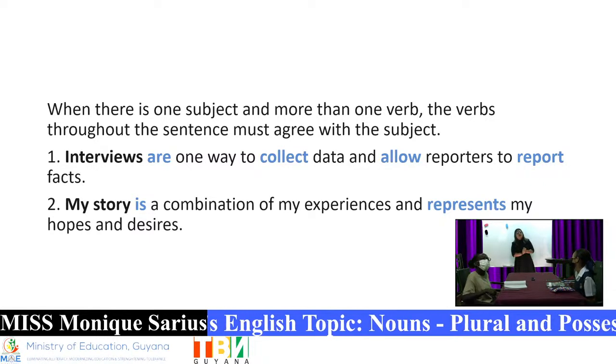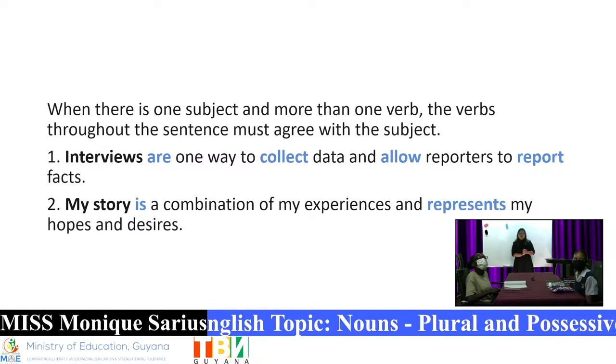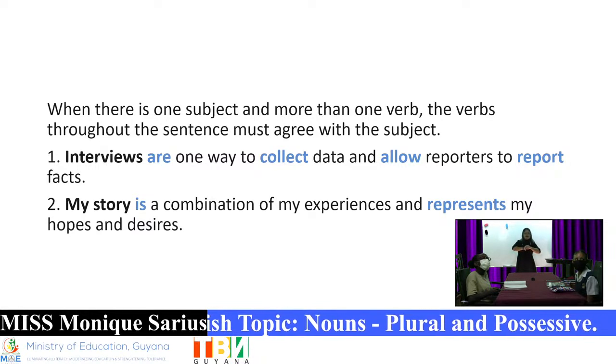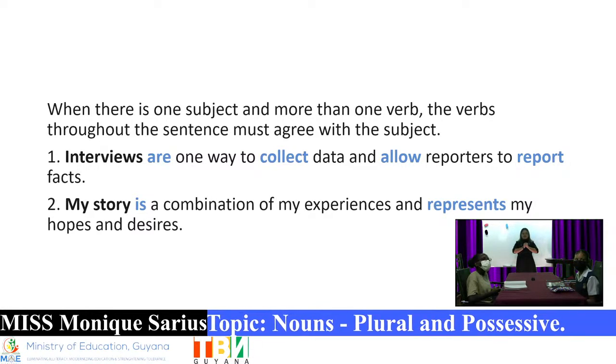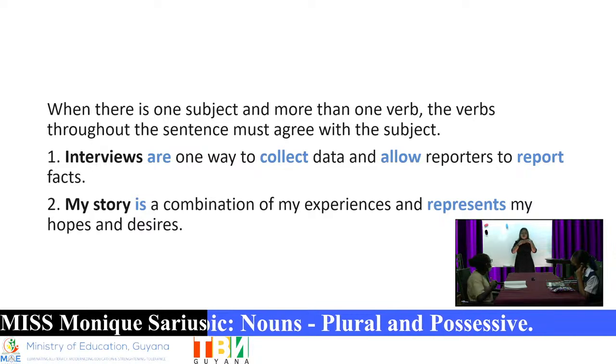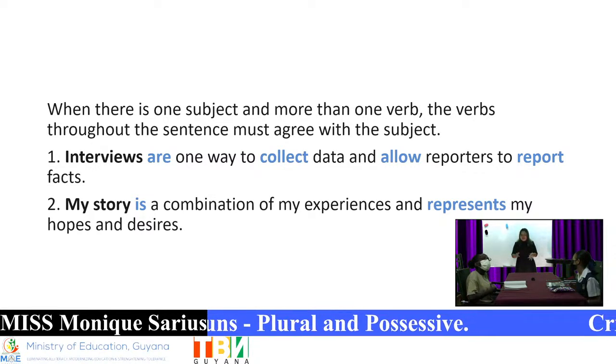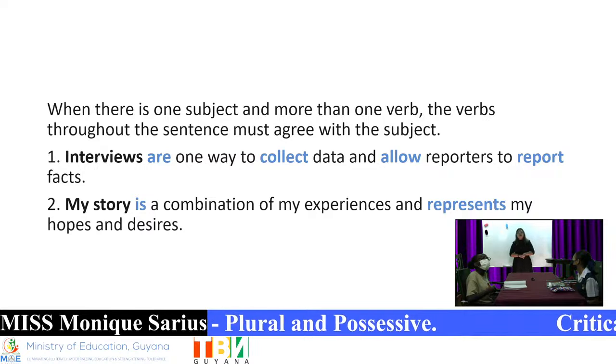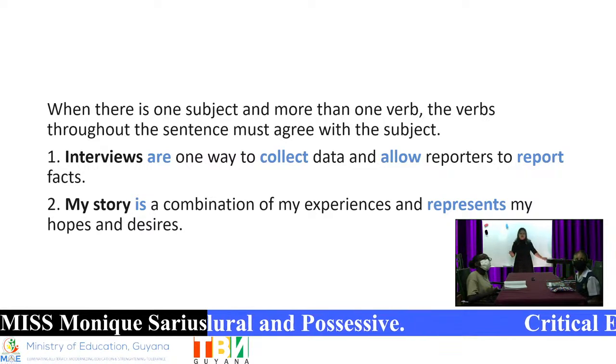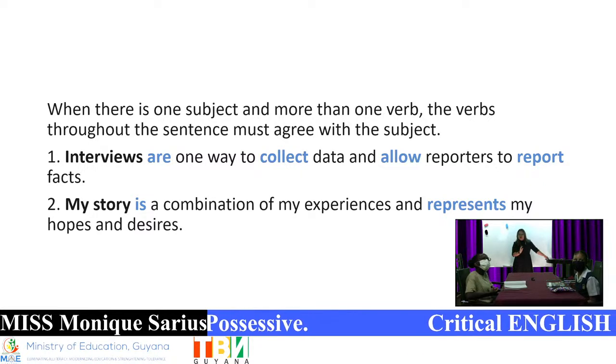So let's look at the other example. My story. Is that singular or plural, Alicia? Singular, because we're talking about my story. So obviously is is the correct verb to use there. It's a combination of my experiences and represents my hopes and desires.